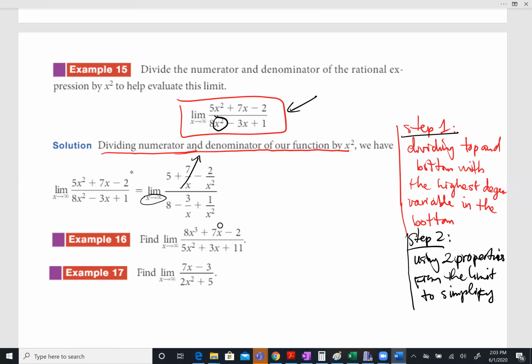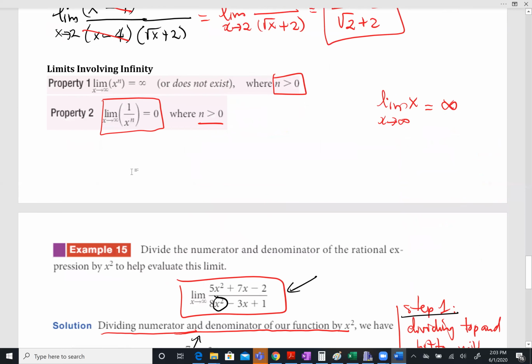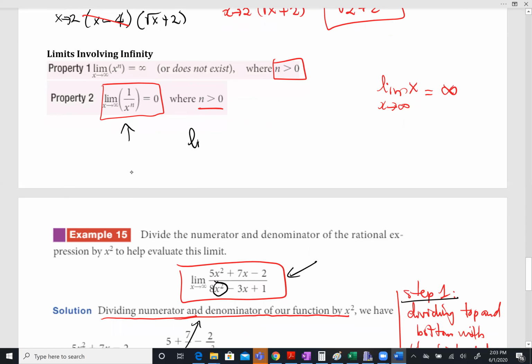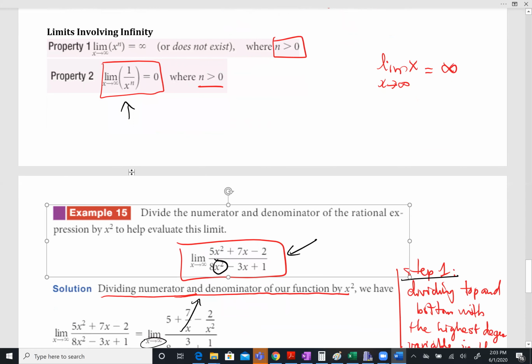Go back to the first and the second one here. You see that the second one has the limit of 1 over x to the power n when x goes to infinity. So in here, if I say limits, let me write down here.